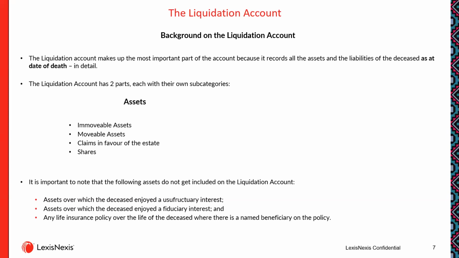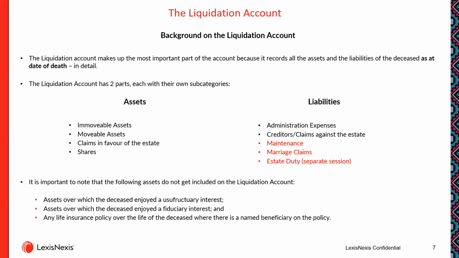The second leg of our liquidation account is our liabilities. And in our liabilities account, we include all of our administration expenses, which are expenses we incur when administering the estate. And we also include any claims against the estate or any creditors that the deceased has at date of death.